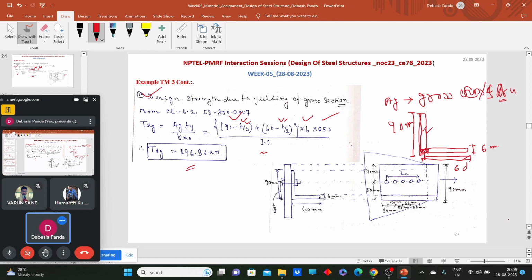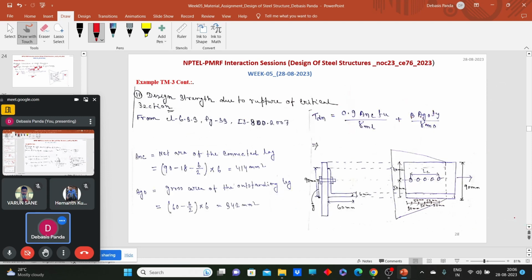Now, second thing, we need to calculate the design strength due to rupture of critical section.